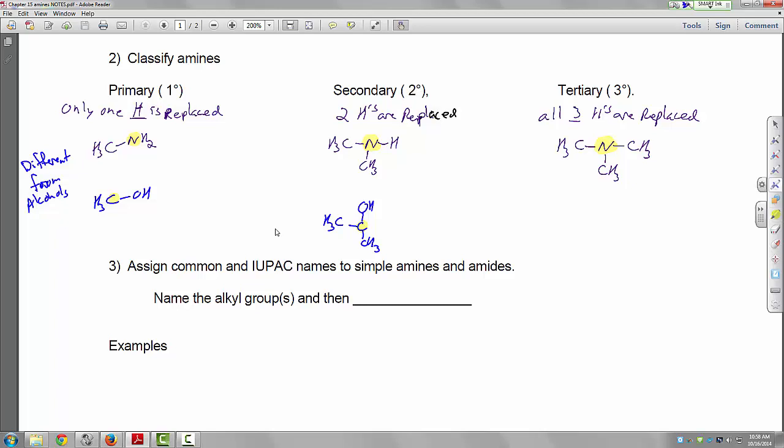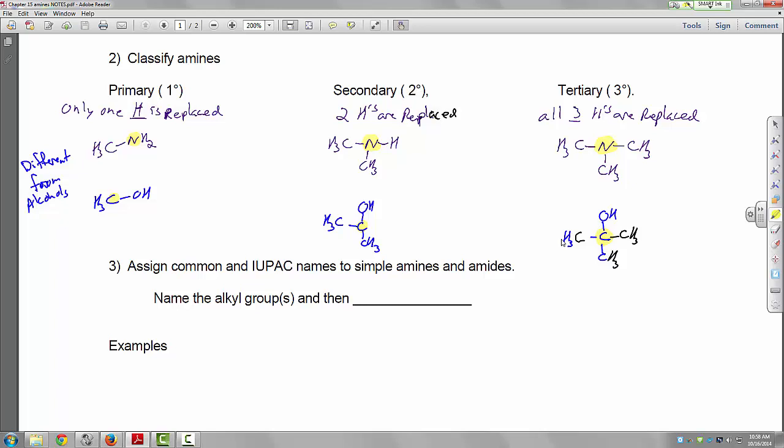Okay? A tertiary alcohol, we're focusing on that alcoholic carbon. So with amines we're looking at the nitrogen, with alcohols we're looking at this carbon.